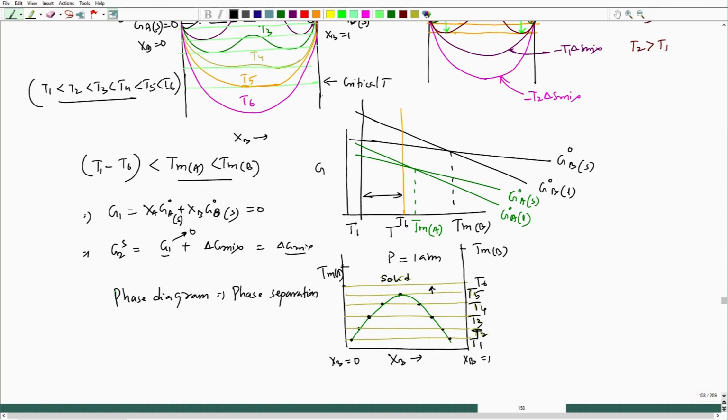And since they have the same crystal structures as we have observed, we can write this solution as S1 plus S2, where S1 and S2 are two phase separated solutions, and I am writing this because both have the same crystal structure.